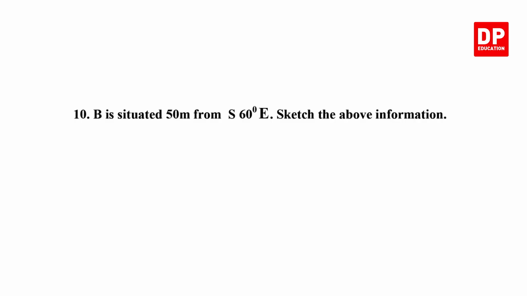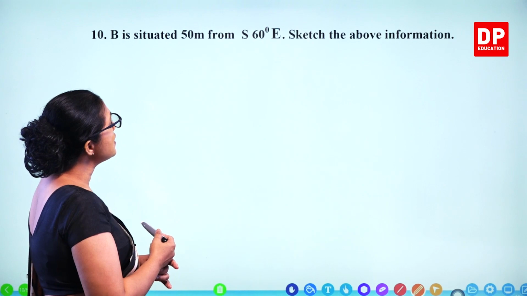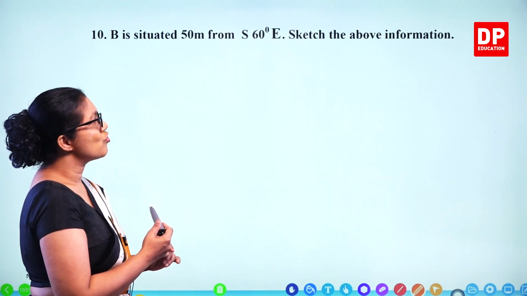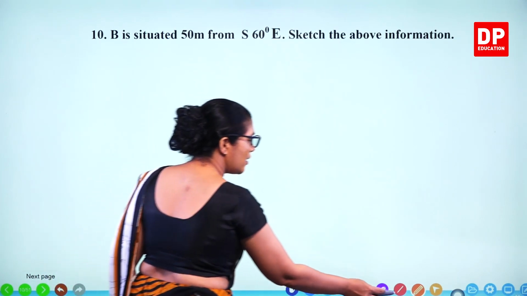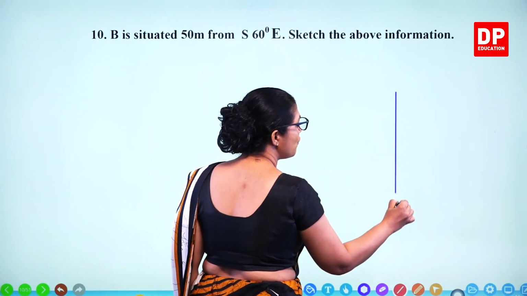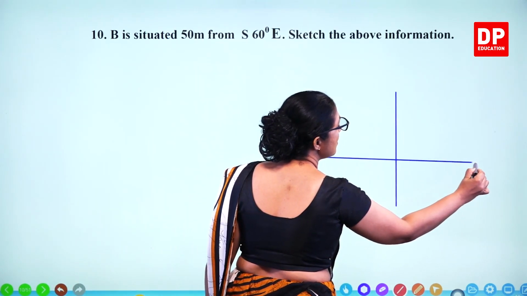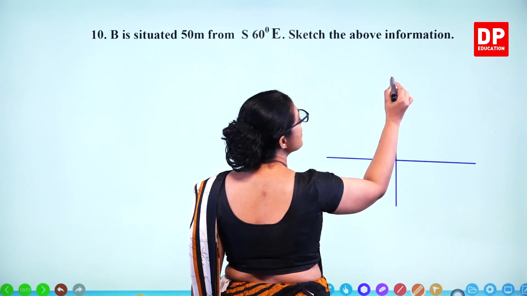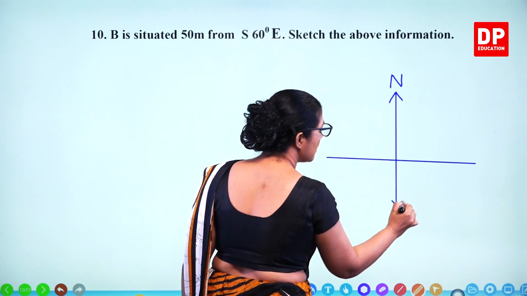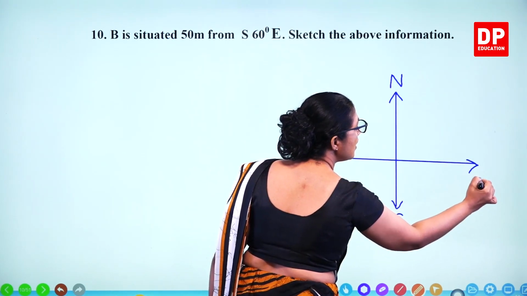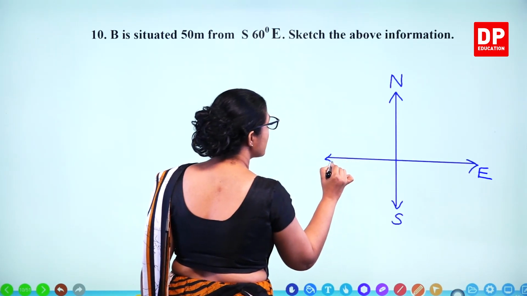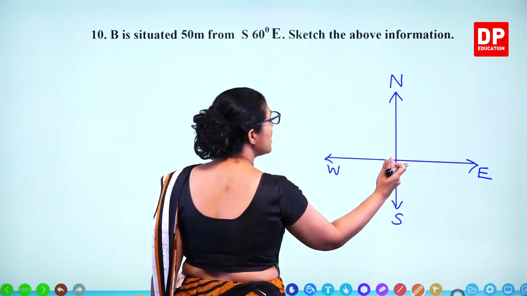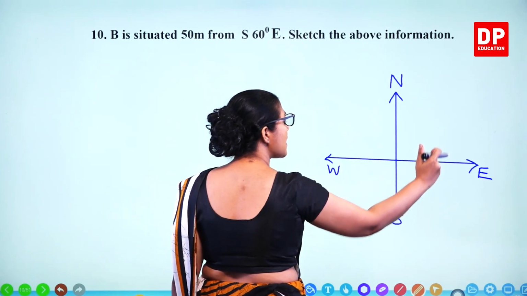Question number 10. B is situated 50 meters from south, 60 degrees east. Sketch the above information. So how do you sketch it? You have to first mark the main directions: north, south, east, west. Now, from south, 60 degrees to the east side.